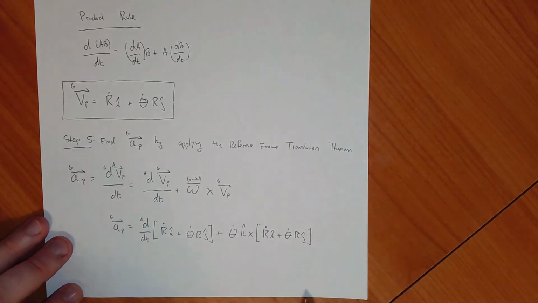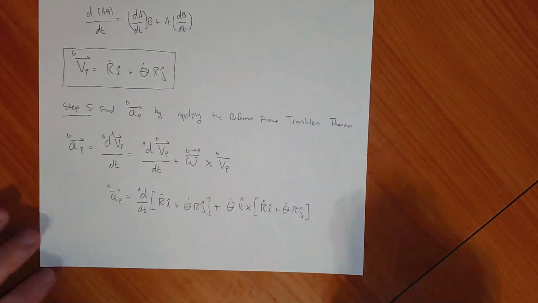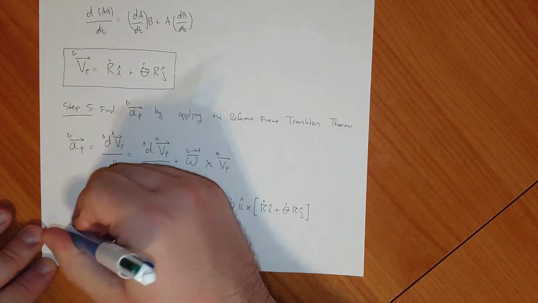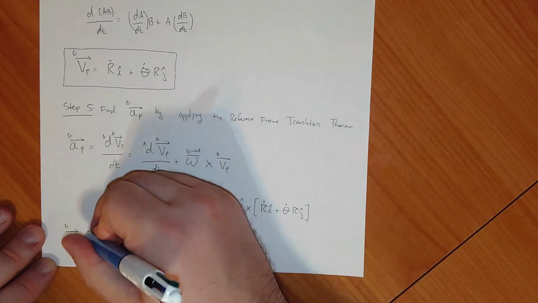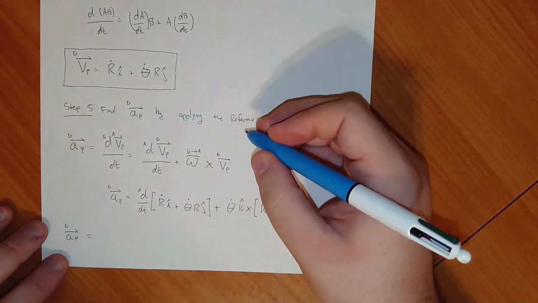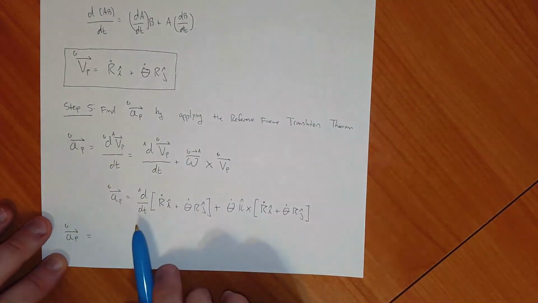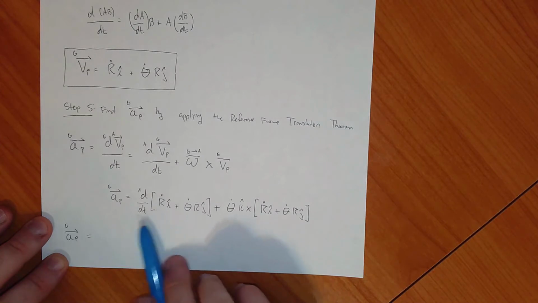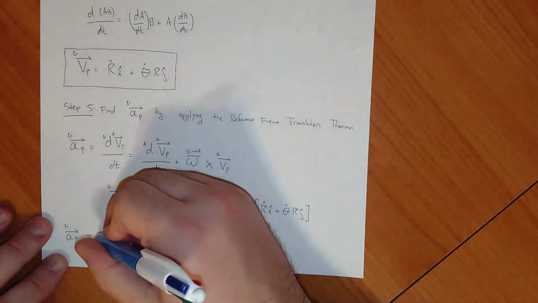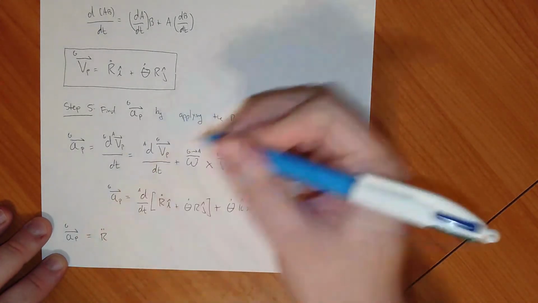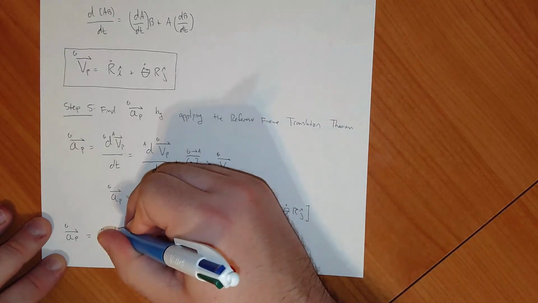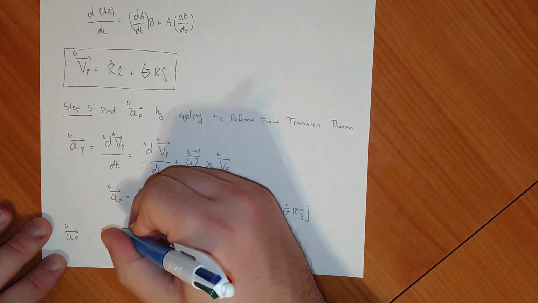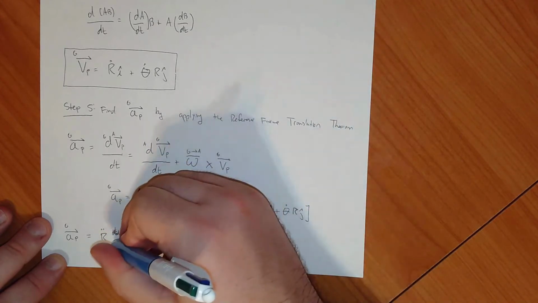Since we've got a little room here on the bottom, let's write this out one more line. So now I'm just expanding this. This is going to be the derivative of this plus the derivative of this. Well, okay, I've got to do product rule here. So this is going to be r double dot, the derivative of the first times the second.